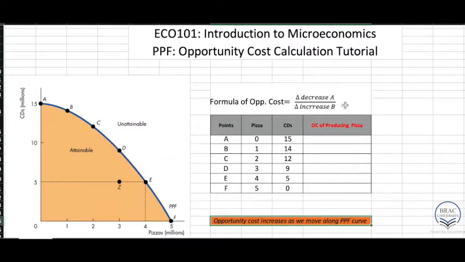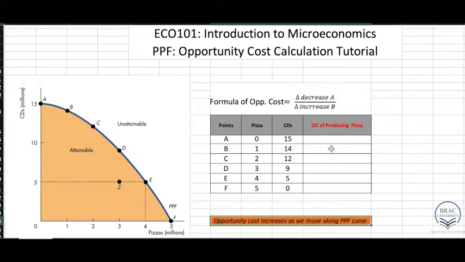Therefore, the formula of opportunity cost should make exact sense to you. Once again, the formula is change in the decrease of product A divided by change in the increase of product B.